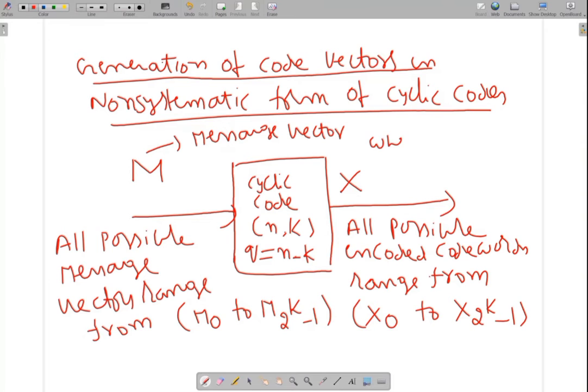Where at the output side, small n is the number of encoded bits in the code word.